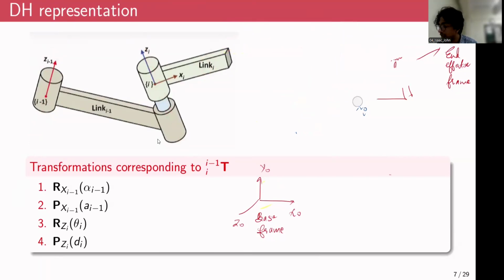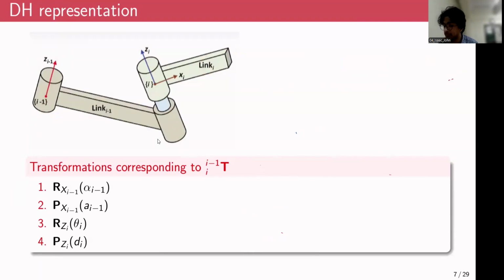what we should be doing is to find out the direction of the x-axis. So basically, as per the DH convention, if you want to fix the x-axis of the current frame, maybe if I call this Zi-1, if I have to attach the x-axis for this frame, I have to check the z-axis of the subsequent frame, this one, and the x-axis should be orthogonal to Zi and Zi-1.